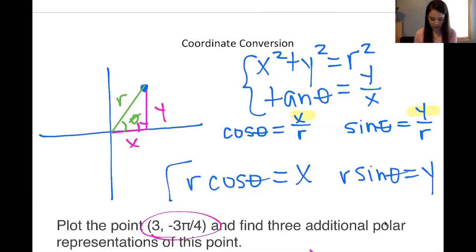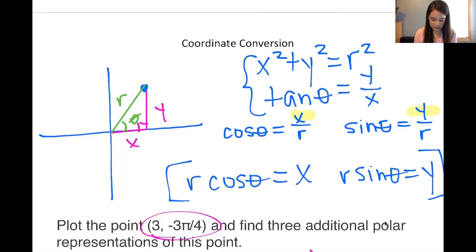And these two we often pair together. These two conversion equations help us when we know r and theta, we can plug them in and solve for x. When we know r and theta, we can plug them in and solve for y.